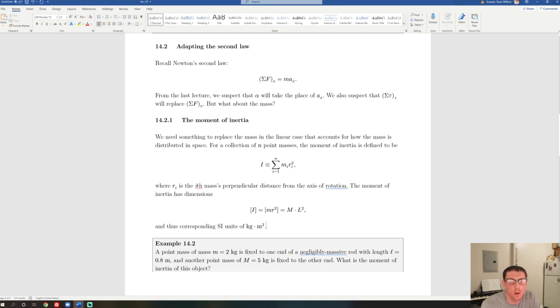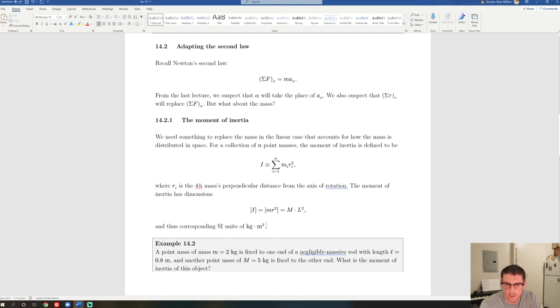So I'm going to probably not even touch this. But maybe if you're in Calc 3 or something, you'll see an example of how this could be done. But we're not really going to worry about that so much. Okay, cool.